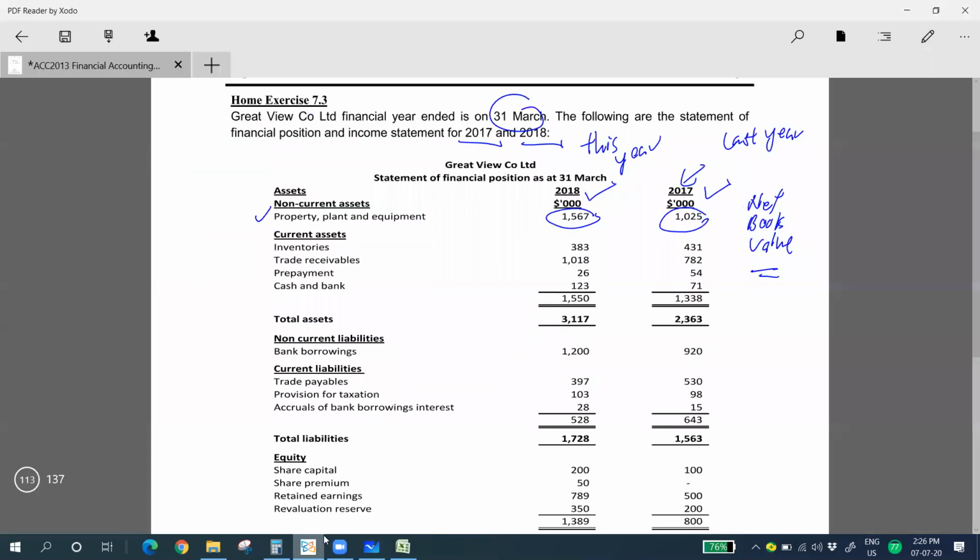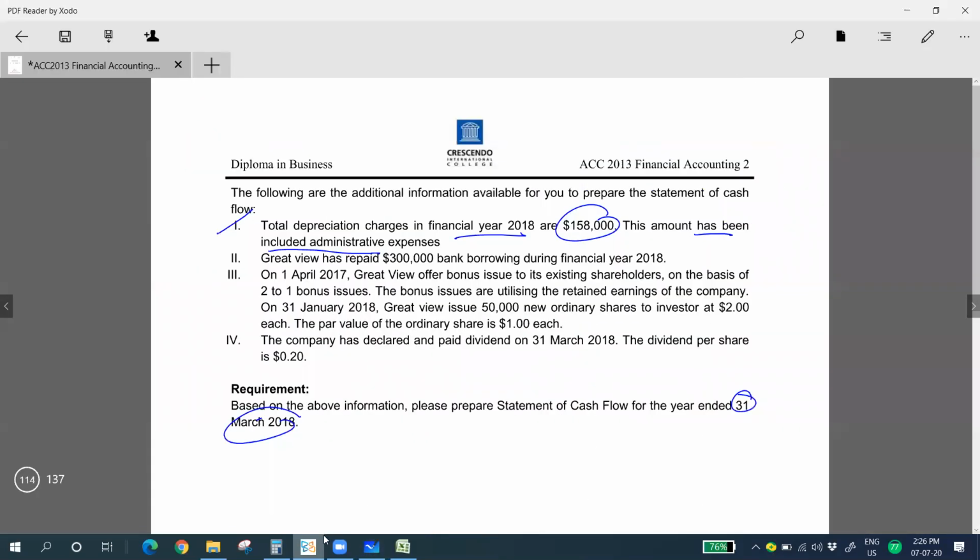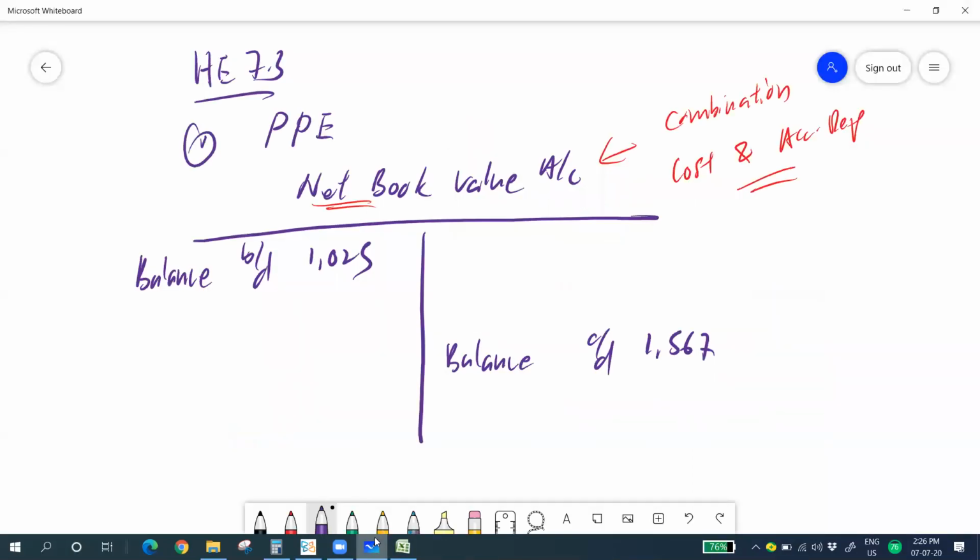And then in the requirement, they also share with us the depreciation, 158,000. So class, can you tell me this depreciation, 158, do we record it on the debit side of the net book value or the credit side? Aiden's answer is credit. Joel, Carrie also credit.